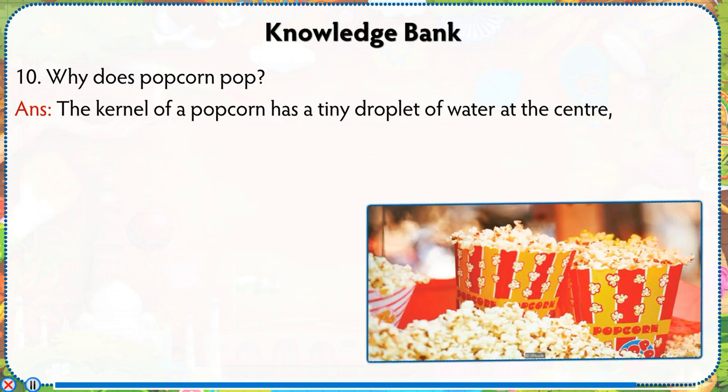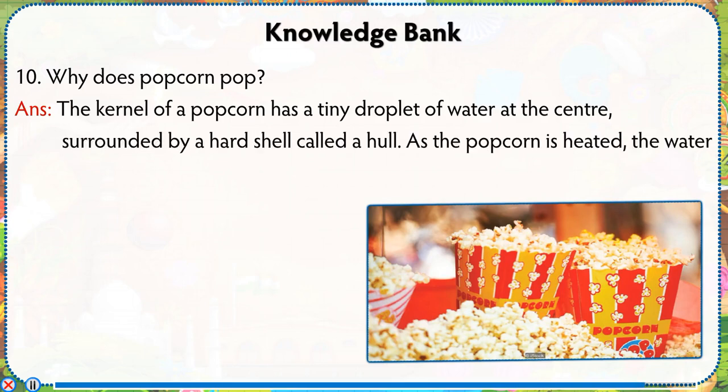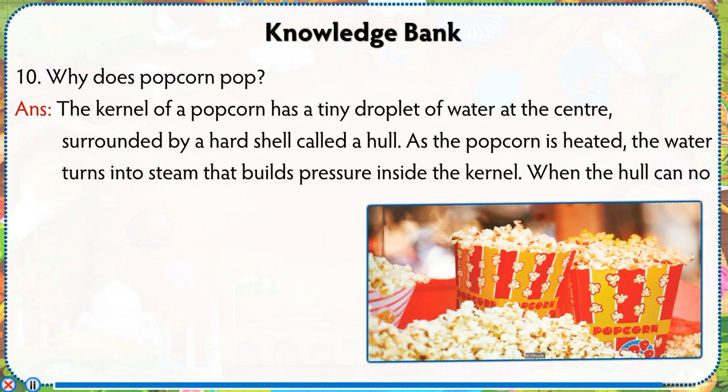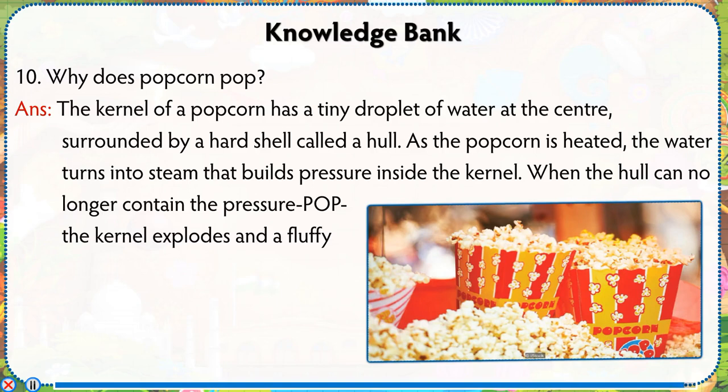The kernel of a popcorn has a tiny droplet of water at the center, surrounded by a hard shell called a hull. As the popcorn is heated, the water turns into steam that builds pressure inside the kernel. When the hull can no longer contain the pressure, pop, the kernel explodes and a fluffy piece of popcorn rises up.